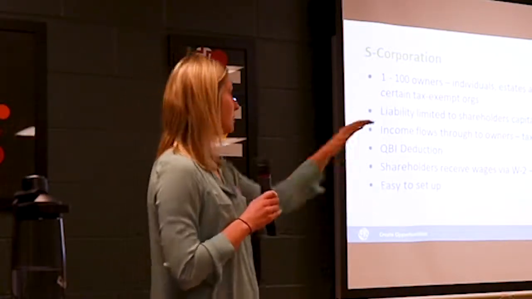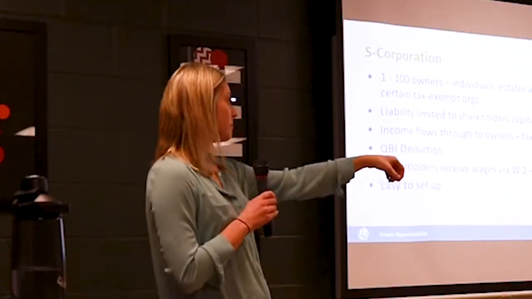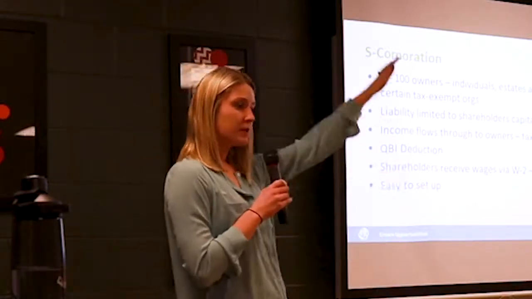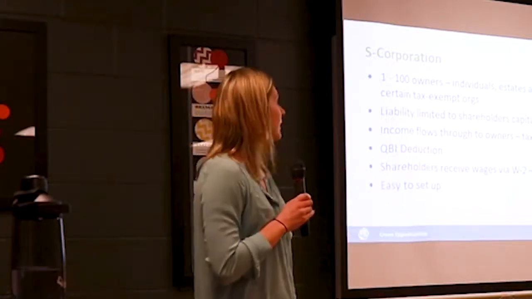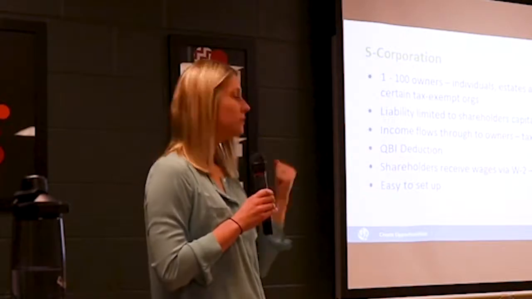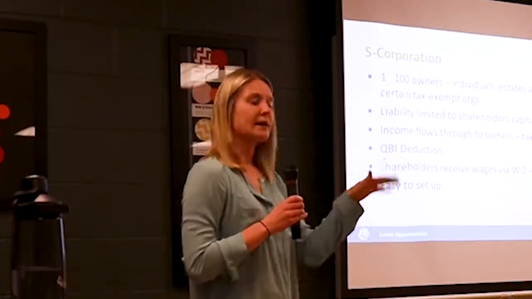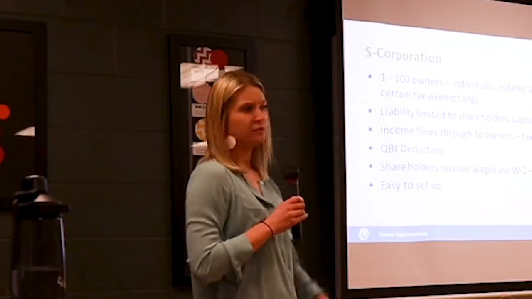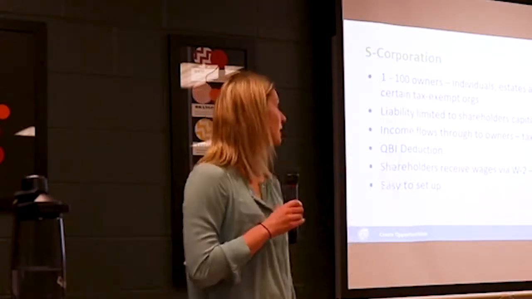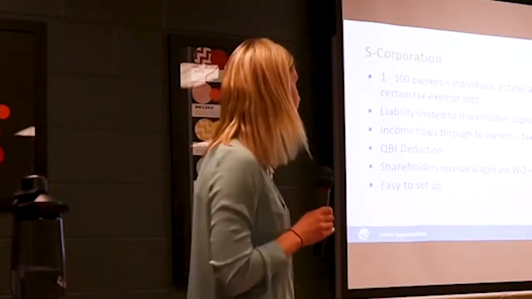So if I put $100,000 in, my basis starts at $100,000. My basis goes up and down for income and losses, and then it goes down for distributions. So if I need to take money out, it's going to be a distribution to me, and my basis just goes down. But as long as you have basis in that company, there's really no issue with money coming in and out. Yes, and that's not taxable as long as you have basis.